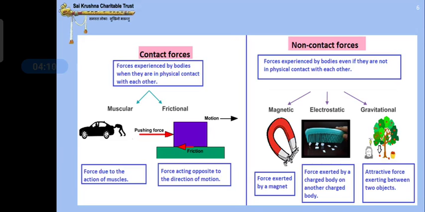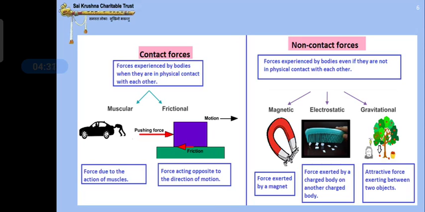Understood children? Next comes the frictional force under contact force. Frictional force is the force acting opposite to the direction of motion. Frictional force refers to the force generated by two surfaces that are in contact.